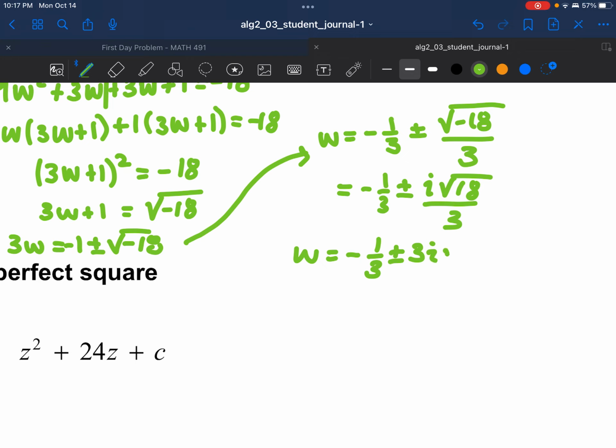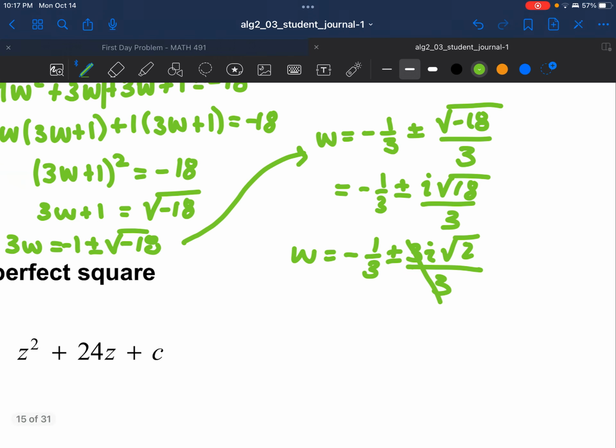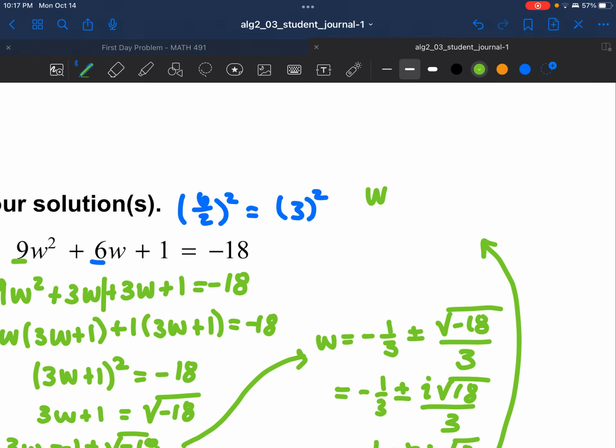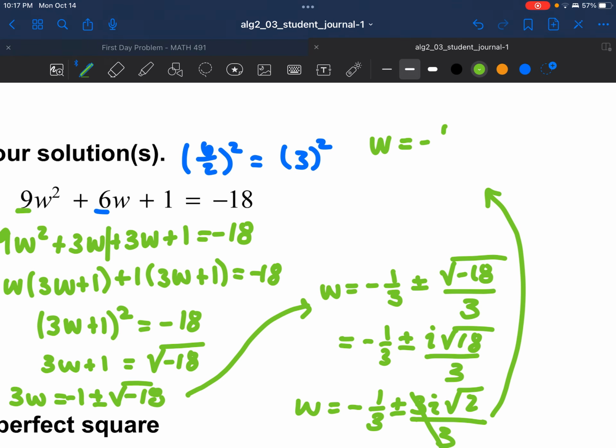Yeah, so this would be 3i root 2, because 9 times 2 is 18, and the square root of 9 is 3, over 3. And we can cancel those 3s out. So we get our final: w equals negative 1/3 plus or minus i square root 2.